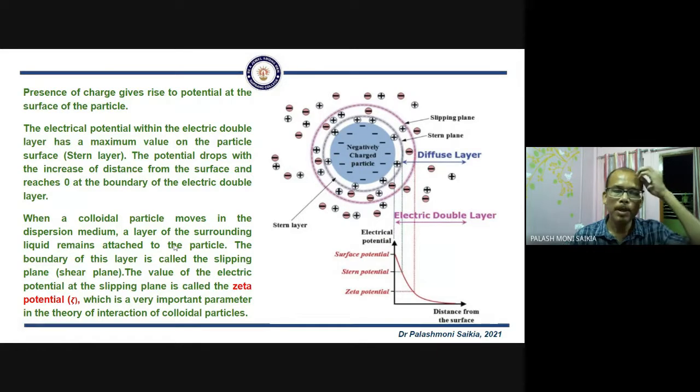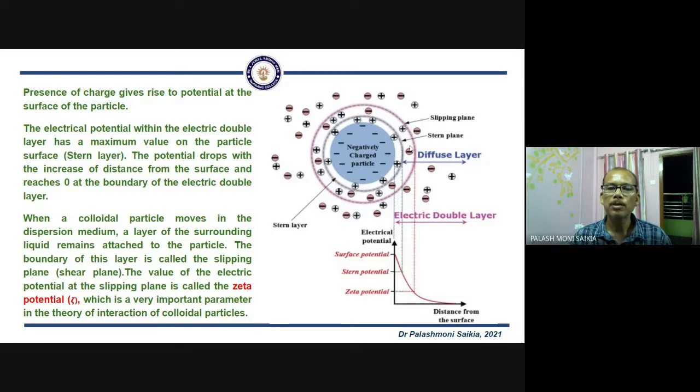So when a colloidal particle moves in the medium, a layer of surrounding liquid remains attached to the particle. So when it moves, a layer of counter ions also moves. And the boundary of this layer is called the slipping plane or the shear plane. So this is the slipping plane here. When this colloid moves, not only these counter ions but another layer shown by the pink circle here will also move.